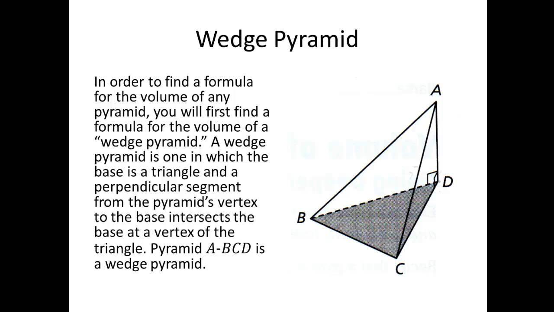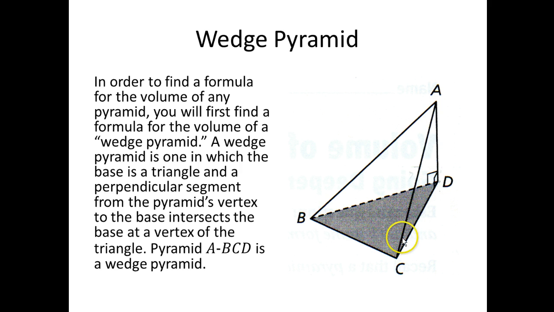Before we tackle the problem of finding a formula for the volume of a general pyramid, we need to find a formula for the volume of a wedge pyramid, like the one shown here. A wedge pyramid is basically a pyramid in which the base is a triangle and a perpendicular segment from the pyramid's vertex to the base intersects the base at a vertex of the triangle.